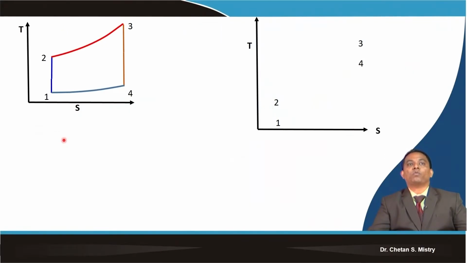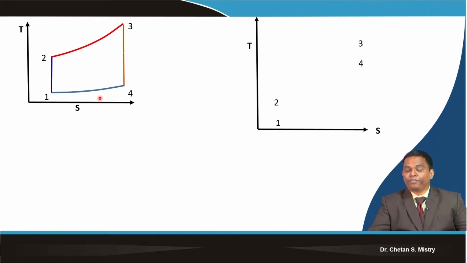Now this is the representation of my gas turbine cycle. We call this a Joule cycle. It comprises two isentropic processes, the compression process and the expansion process, and two constant pressure processes, heat addition and heat rejection.